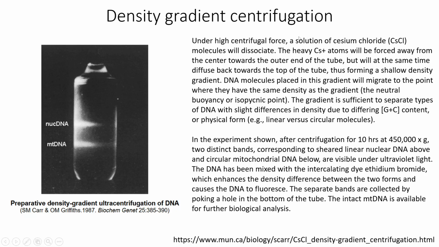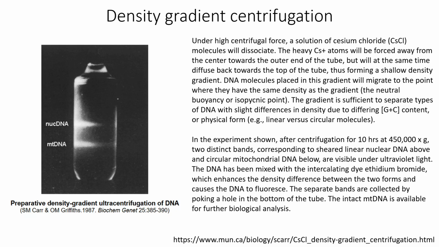So under very high centrifugal force, in an ultracentrifuge, it really goes above. I think ultracentrifugation starts from beyond 20,000 to 25,000 RCF or Gs, all the way up to like 100,000, based on what you're separating.